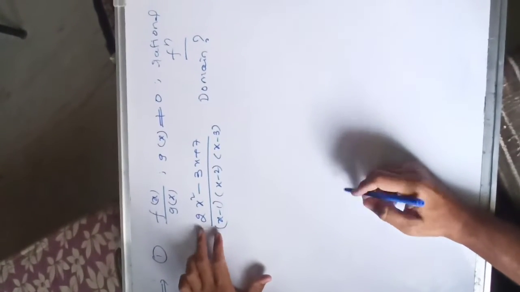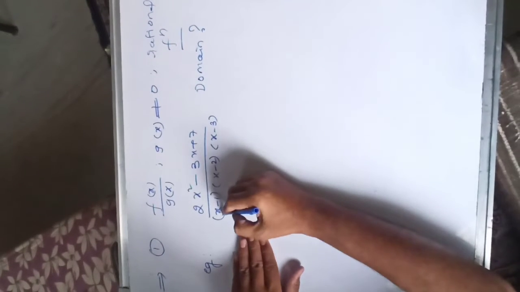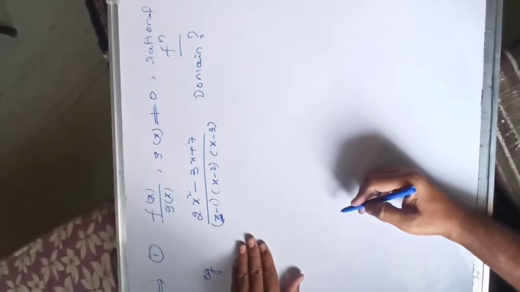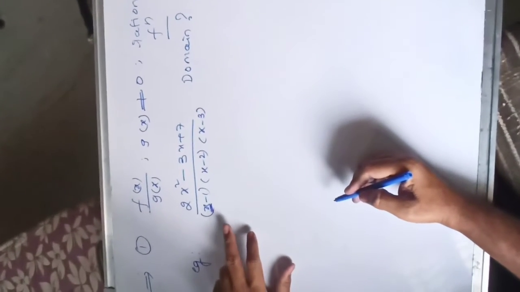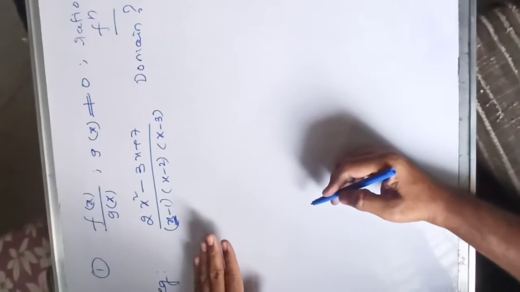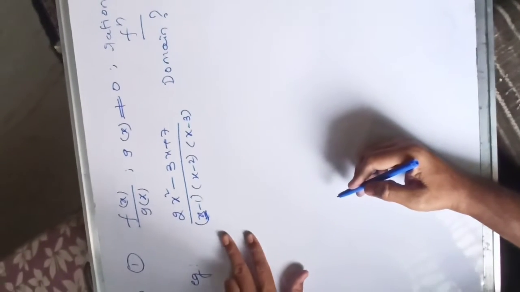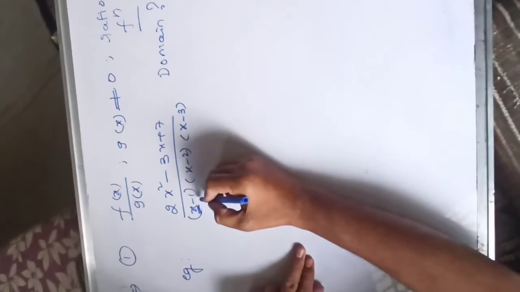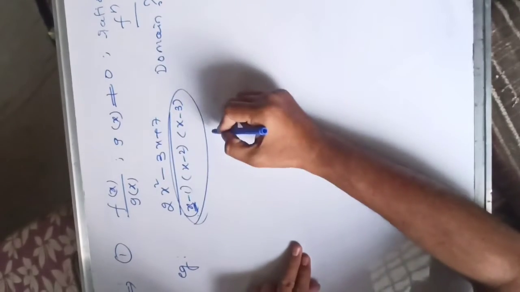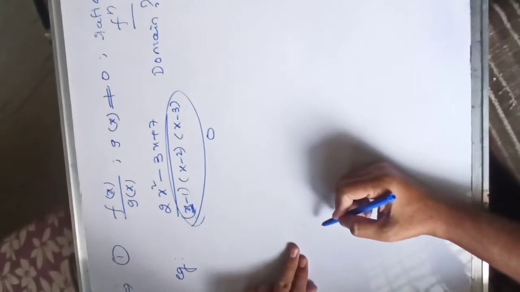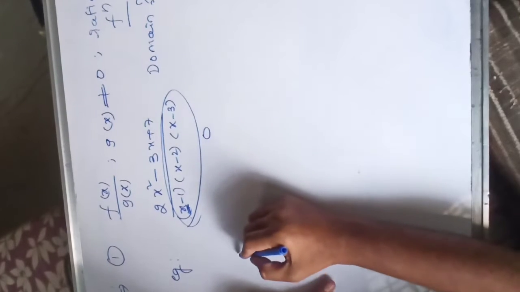To find the domain, meaning for which x values the function is defined, first we have to check for which values the function is not defined. The function is not defined when the denominator becomes 0.